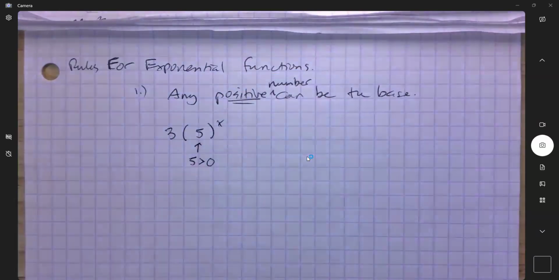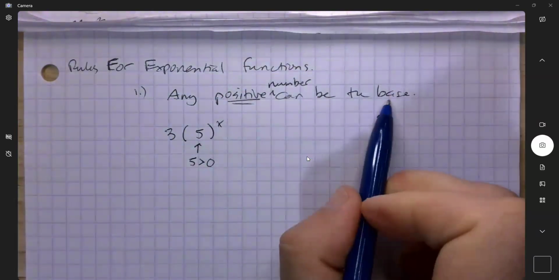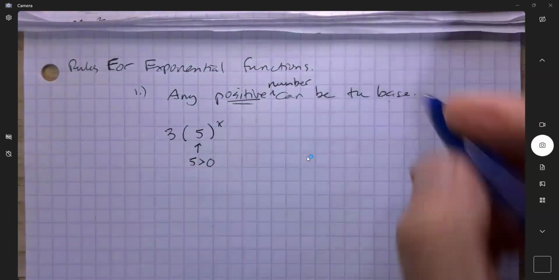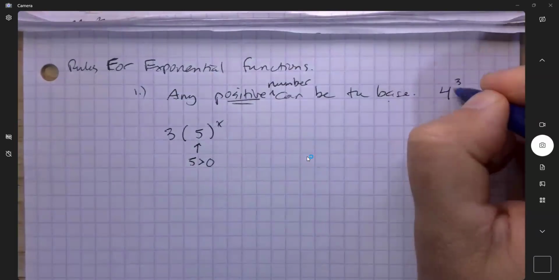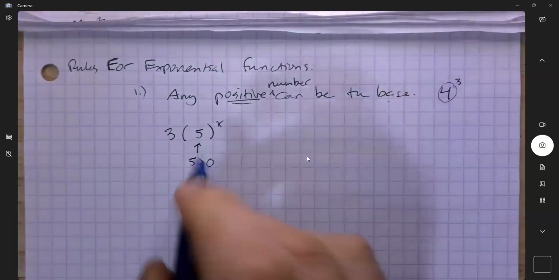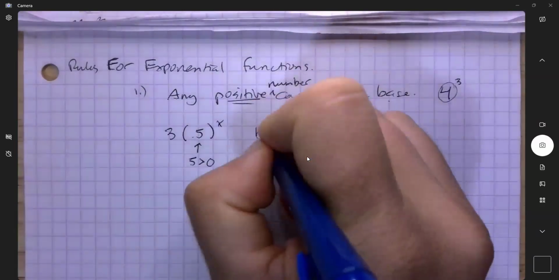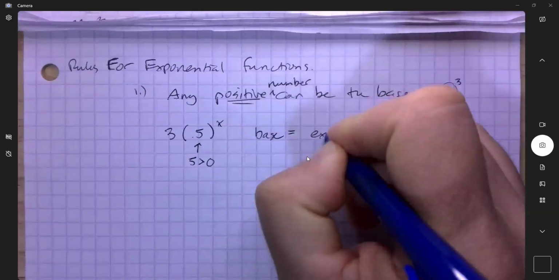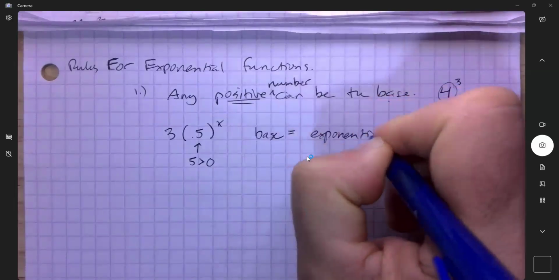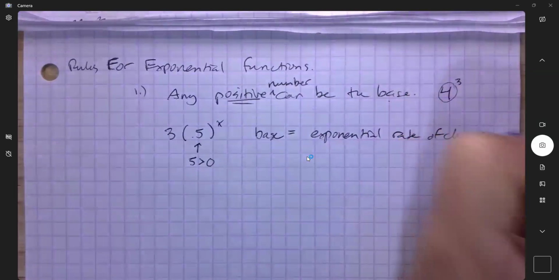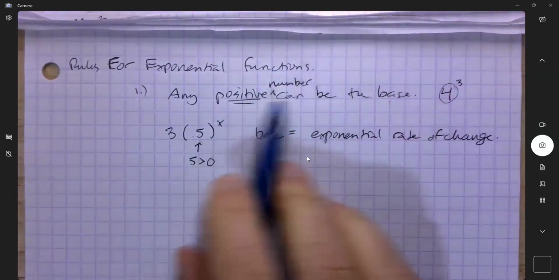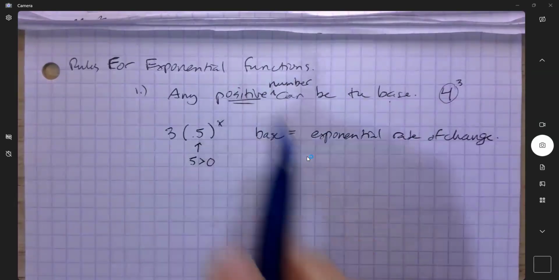Oh, I didn't define the base in the context of an exponential function. So remember I said that if you have 4 to the 3, this 4 right there is the base. The base is the exponential rate of change. So the number you're multiplying by can be any positive number, but it has to be positive.